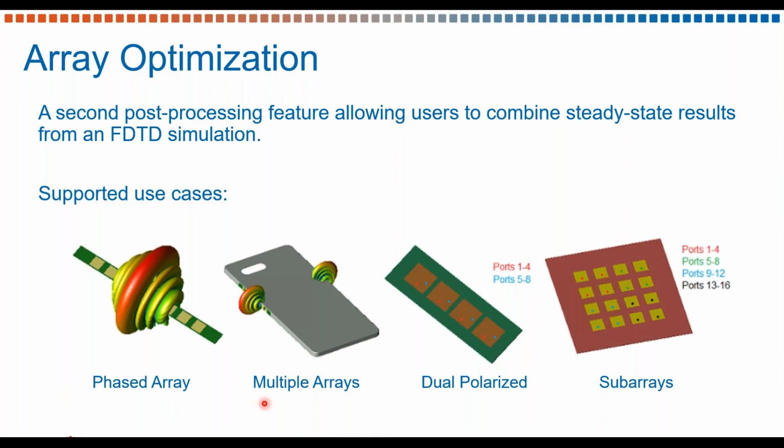Also multiple arrays in the case of a spatial diversity application, where we use multiple arrays to get a broader coverage, and a dual polarized antenna array and subarrays, wherein you have a 4x4 array and would like to operate each of the 2x2 arrays of this 4x4 array individually for certain applications.